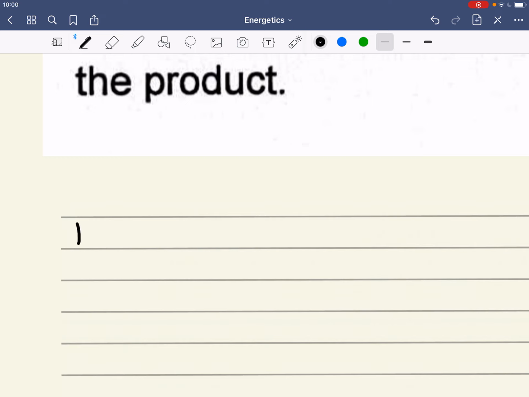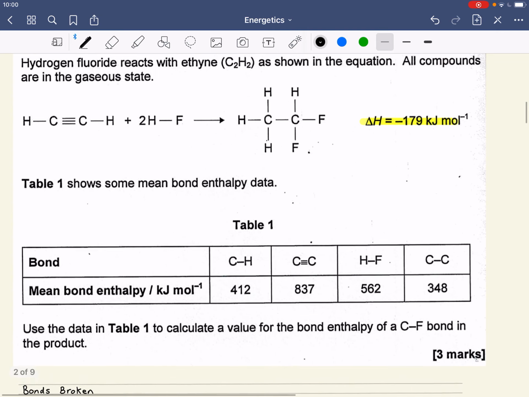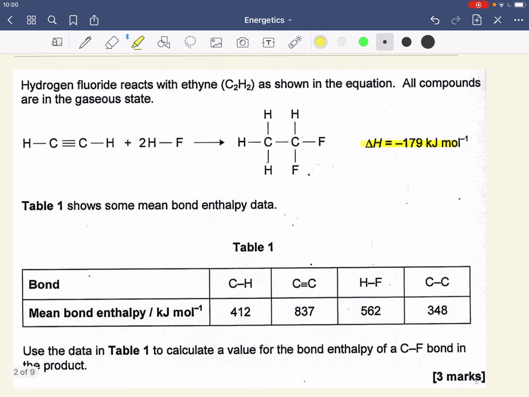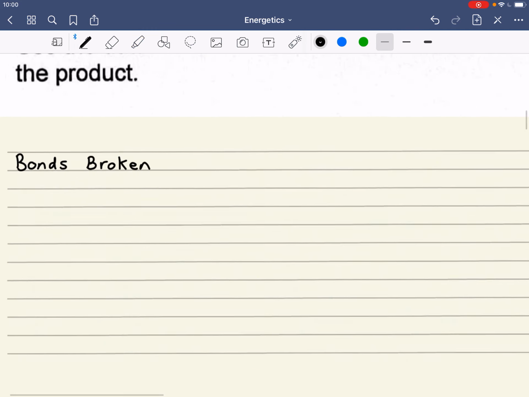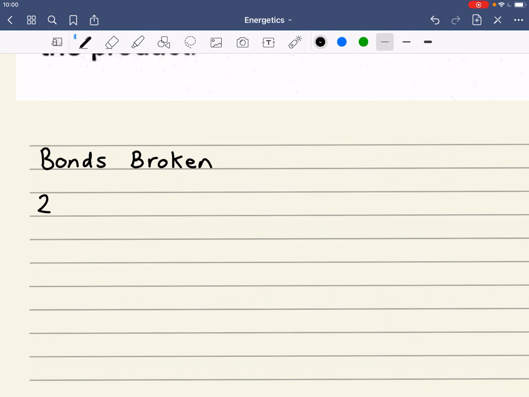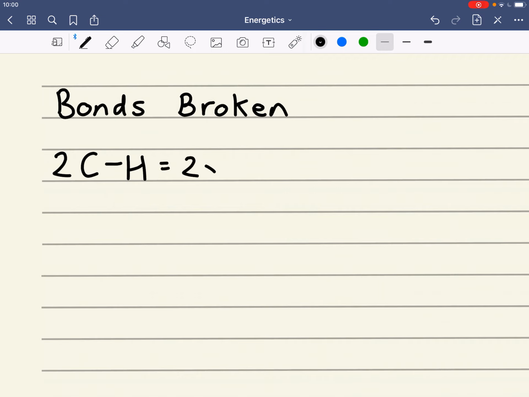Firstly, we work out the sum of the bond enthalpies of the bonds broken, and we can see here that we've got two CHs, and that gives me 2 times 412, that's 824.